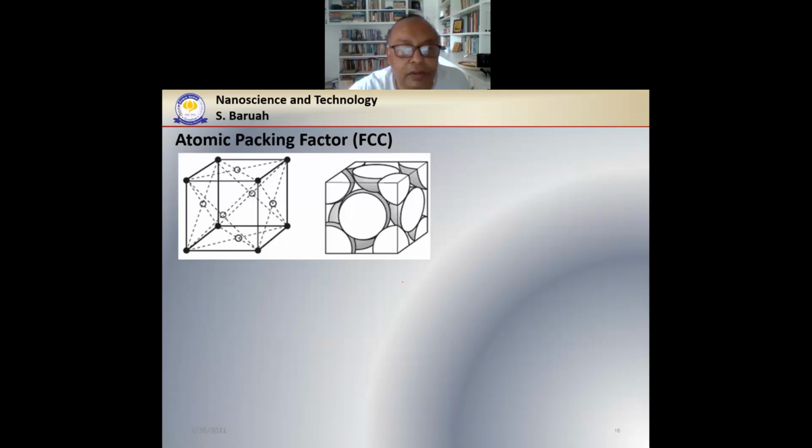Right, so here now, we'll say A is the side of the cube, and here this part is R, from here to here.